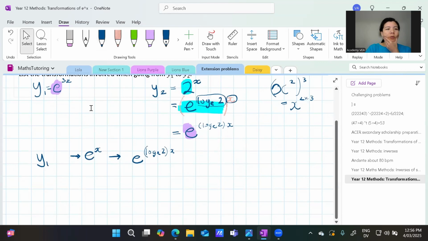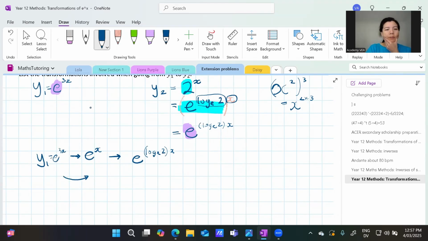And so what we have to do first is divide the x by 3, to get back to e to the 1x. And then from there, we have to multiply that same x by log e of 2.